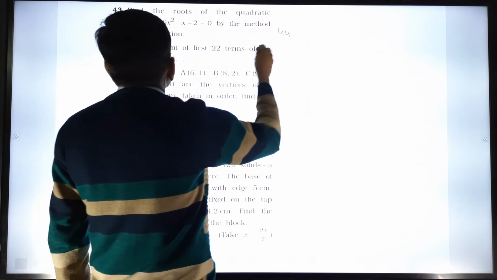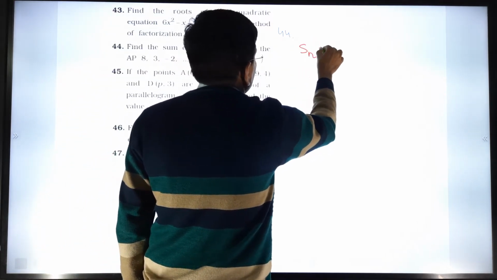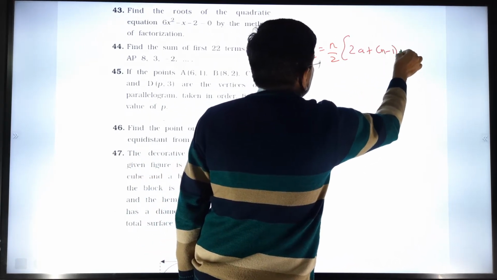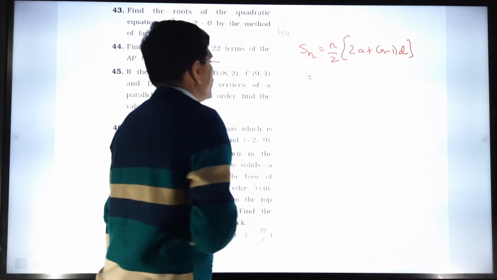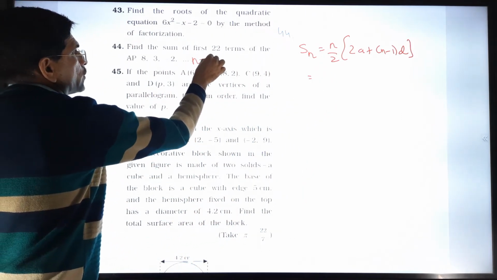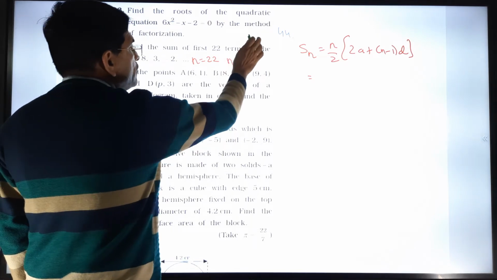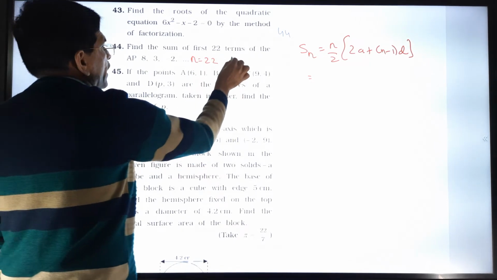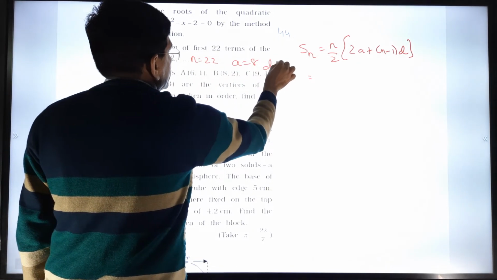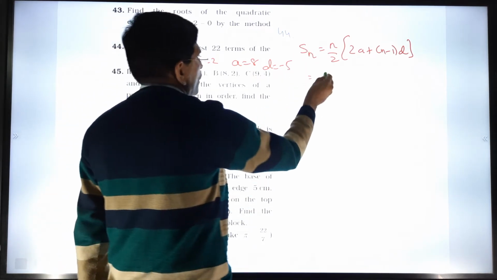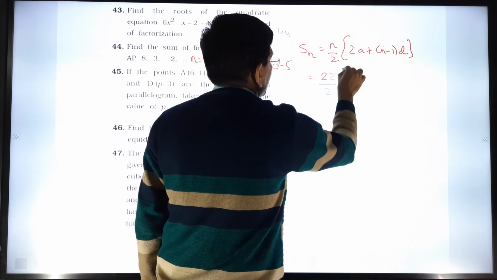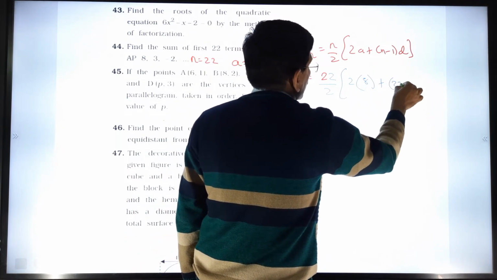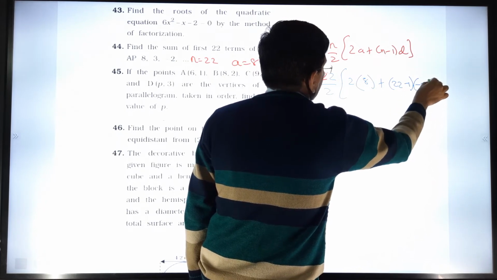Find the sum of the first 22 terms. So again I write n by 2, 2a plus n minus 1 into d. Now n is equal to 22, a is equal to 8 and d is equal to minus 5. So 22 by 2, in bracket 2 into 8 plus 22 minus 1 into minus 5.